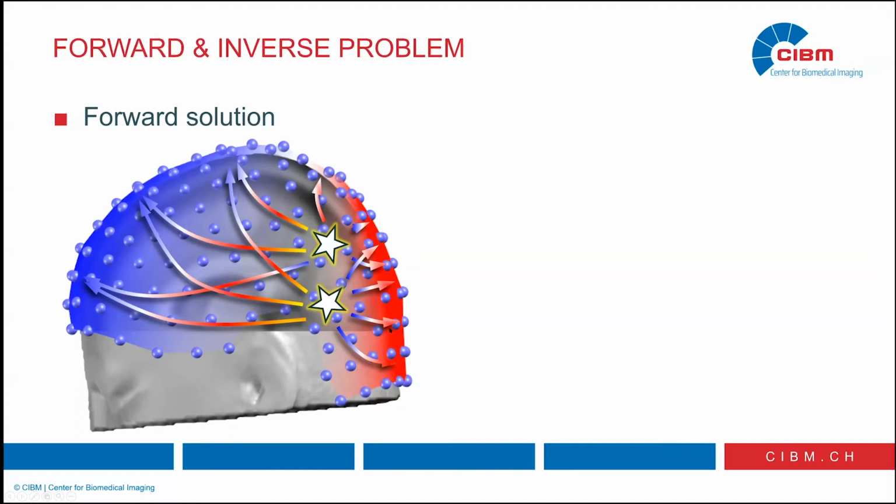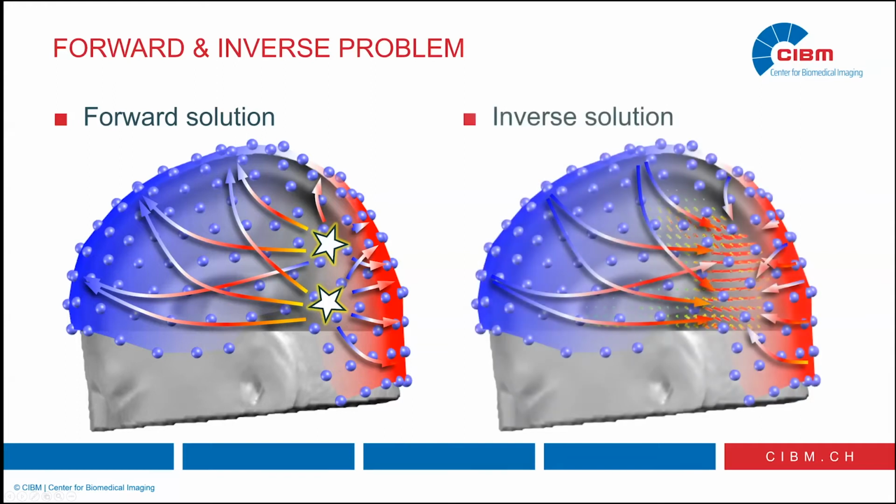And that's what we got on the surface. You've got the EEG. The inverse solution, or EEG source localization, but very often I talk about inverse solution, is the other way around. So we go from the EEG on the surface and we go back to estimate what were the sources inside the brain given the configuration on the surface. So that's the inverse.